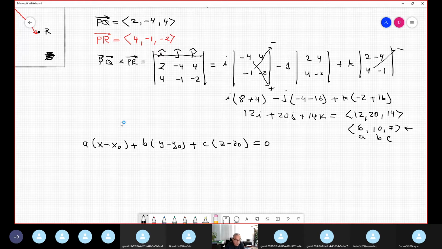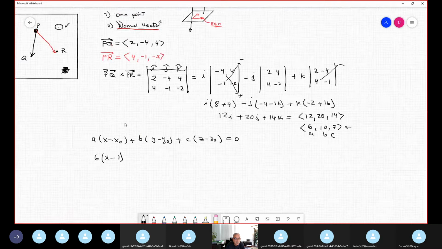So basically, I have 6 times (x minus 1). Remember, I need to select one point. I select the first point, P. Any point is possible. P is the point 1, 3, 2.